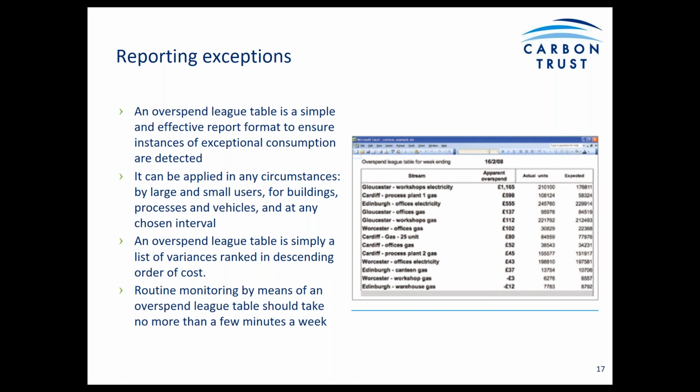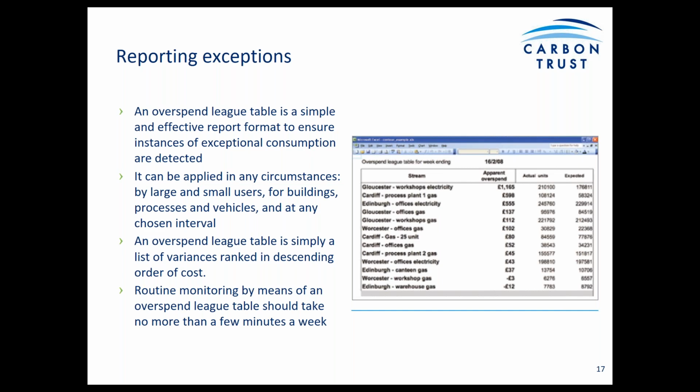So an overspend league table is essentially a fairly simple but effective reporting format that can be used to ensure that instances of exceptional consumption are detected quickly. It can be applied in any circumstances, so by large or small energy users, and for buildings, processes, and vehicles at any chosen interval. Essentially, it's just a list of variances ranked in descending order of cost.